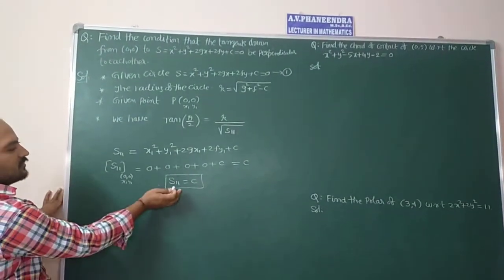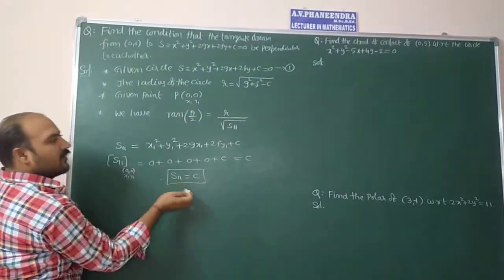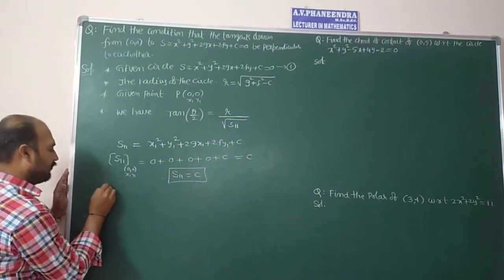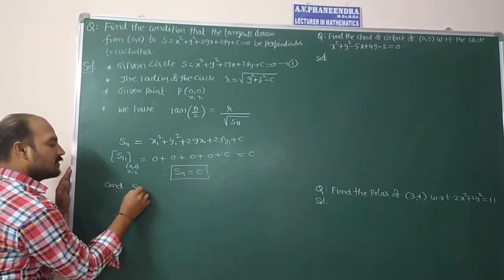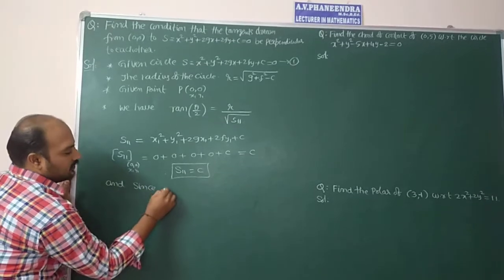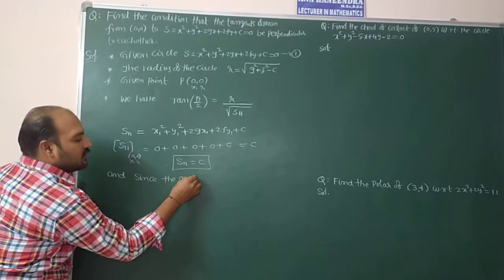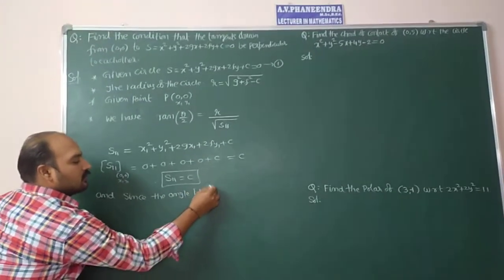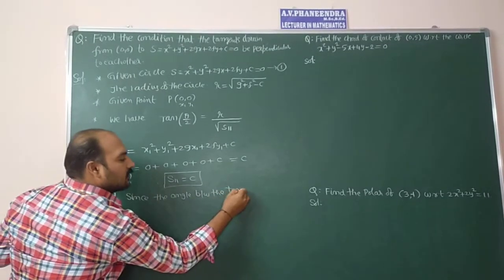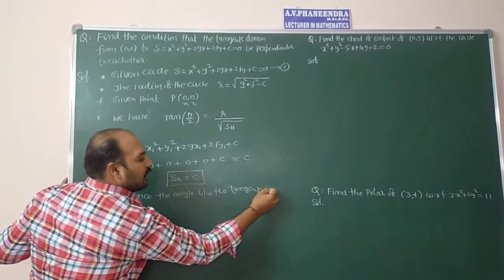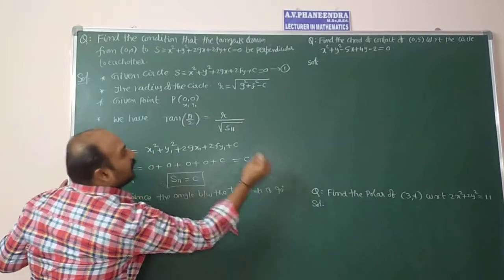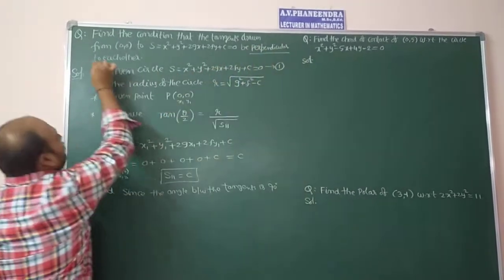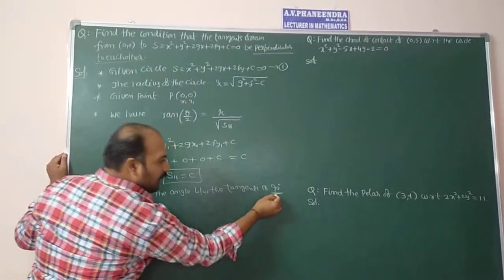After that, substitute the r value and S11 value in this. Since the angle between the tangents is a right angle, perpendicular to each other, theta is equal to 90.